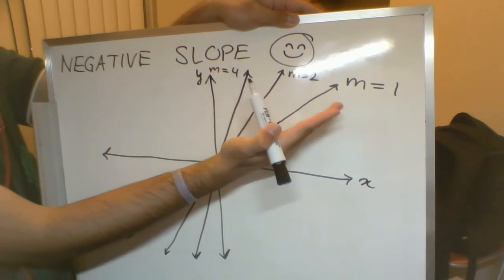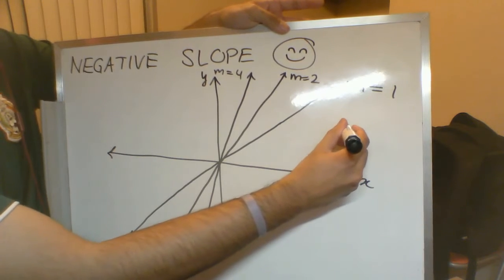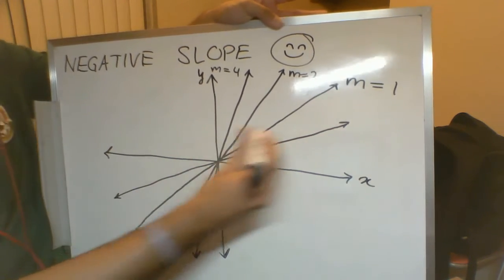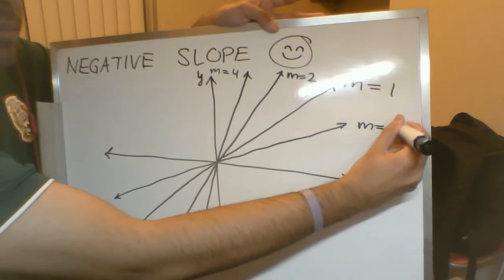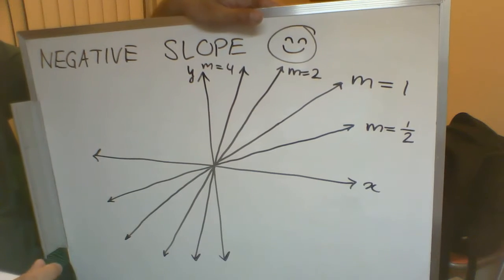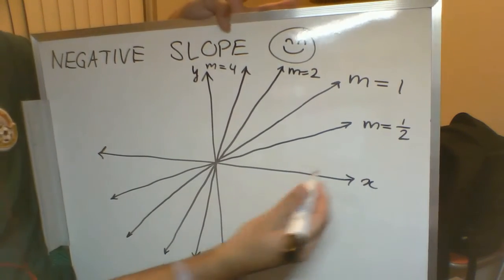As your slope gets smaller, like if we make it fractions, then if we wanted a slope of 1/2 and we wanted to graph that, that might look something like this, right? M equals 1/2. This is just an approximate idea of what happens here.